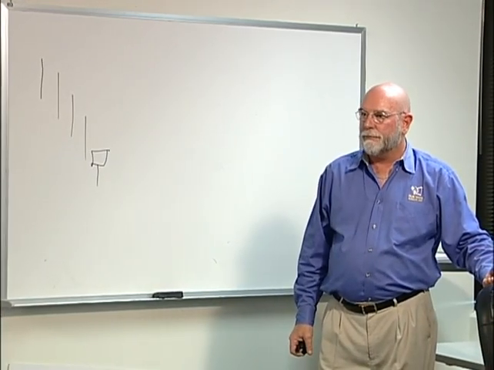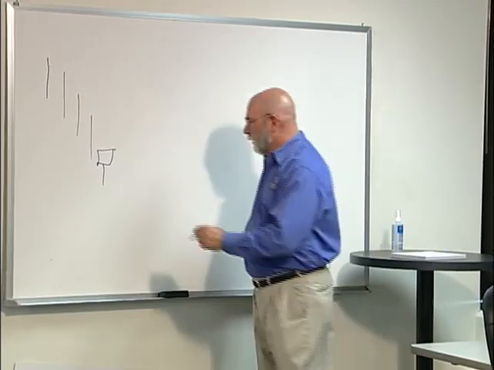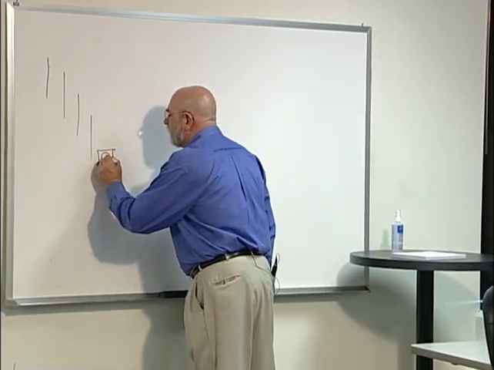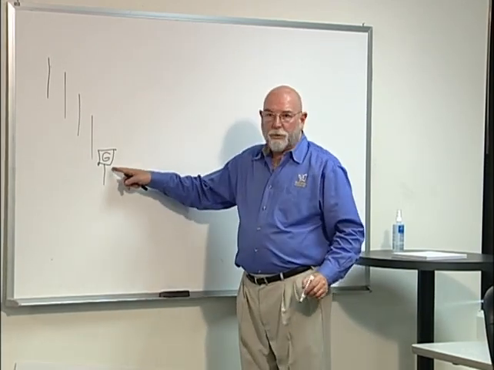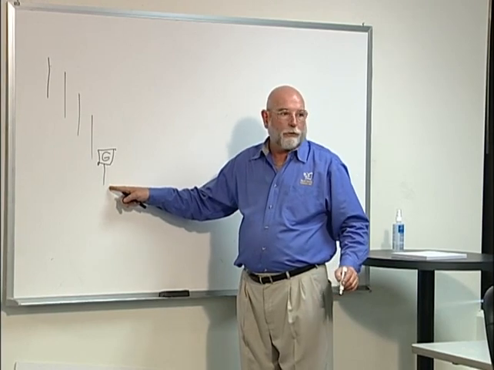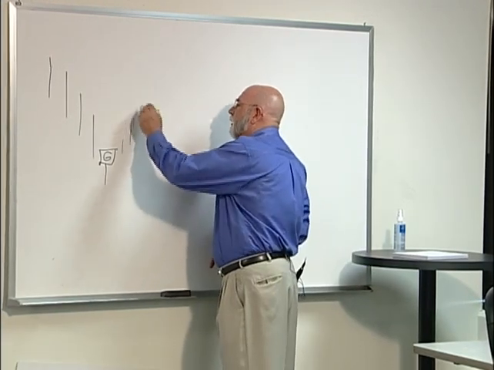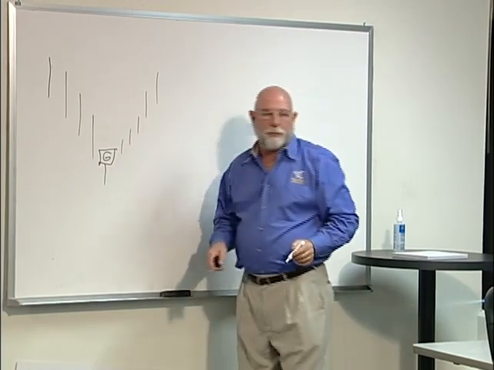This is a hammer. Now, this would be perfectly intuitive if it were green, would it not? Because not only are the bulls taking over control, but we also have a buying pressure shadow on the bottom. And therefore, we would expect that price would start to go back up in the other direction.